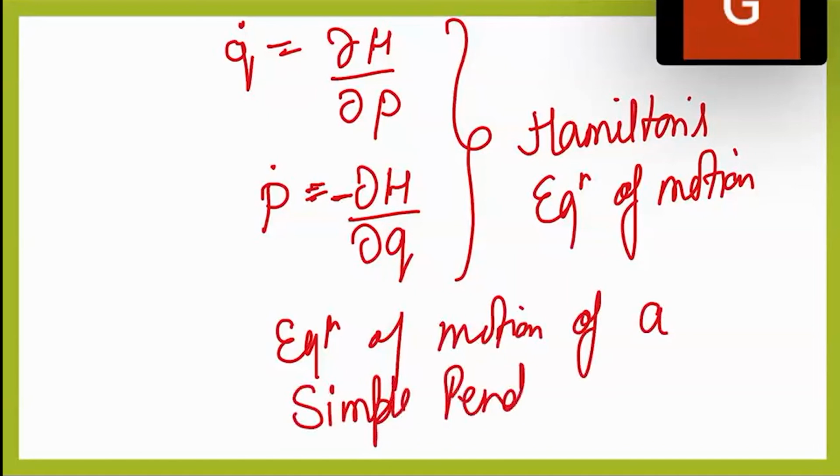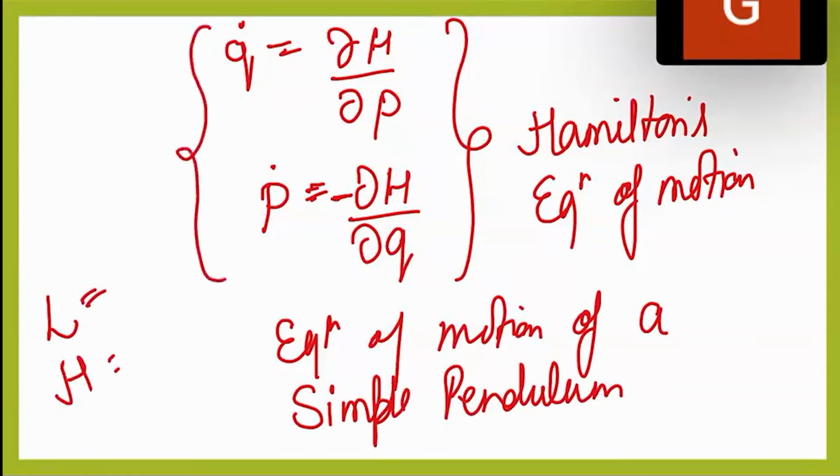You know what the L is for a simple pendulum. All you have to do is find H for a simple pendulum. I told you how to do that. And then using Hamilton's equations of motion, you have to find the equation of motion, that is theta double dot plus g by l sine theta equals 0.